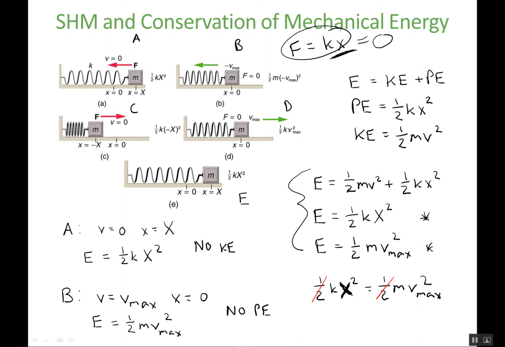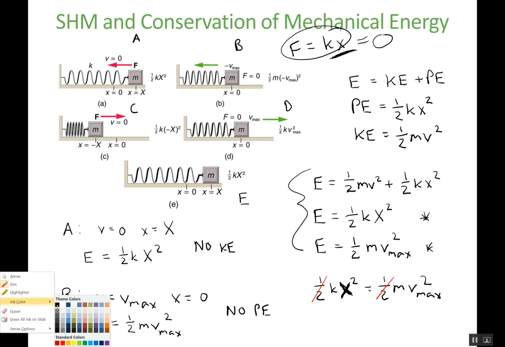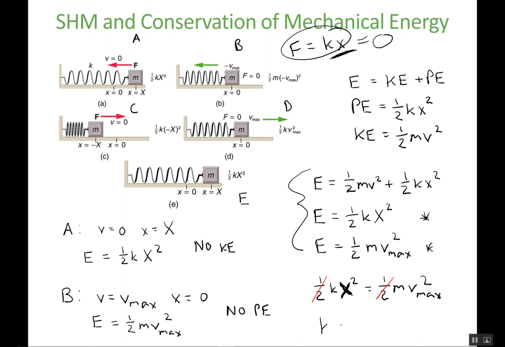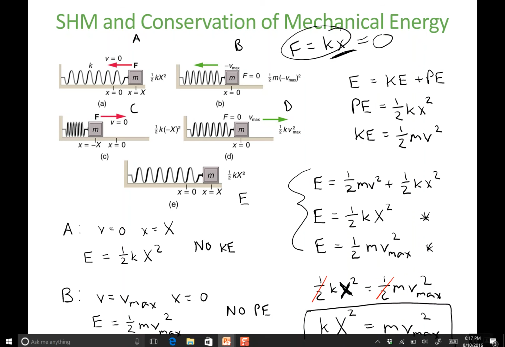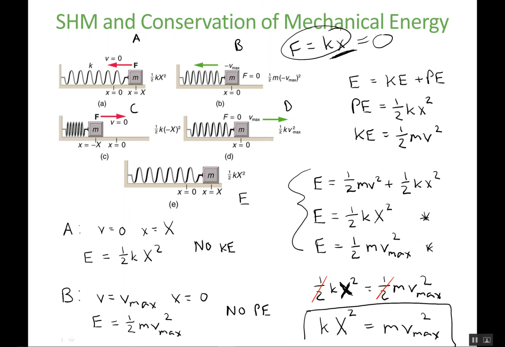So we're left with k capital X squared equals m v max squared. Okay, so using conservation of mechanical energy, we can find this relationship between the amplitude of the oscillations that are occurring and the maximum speed.